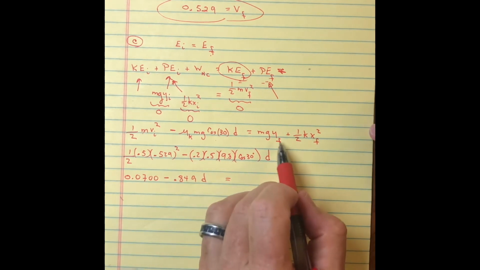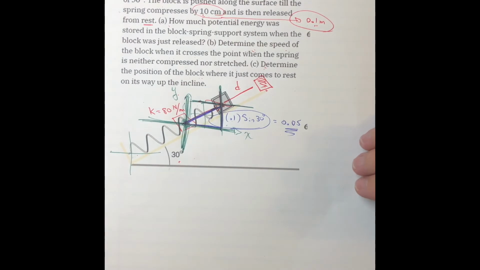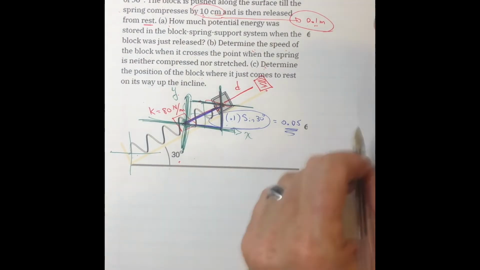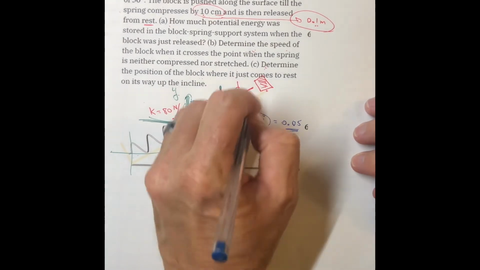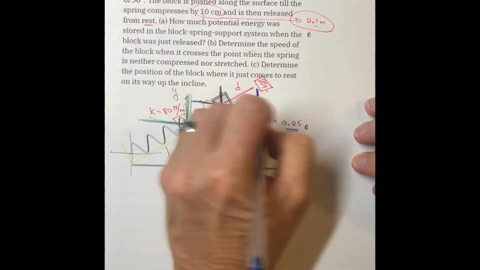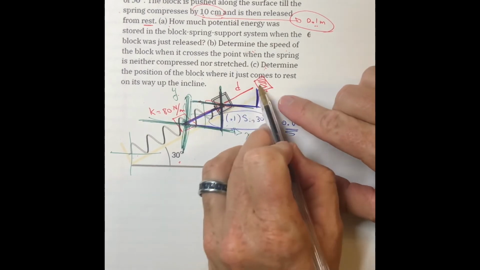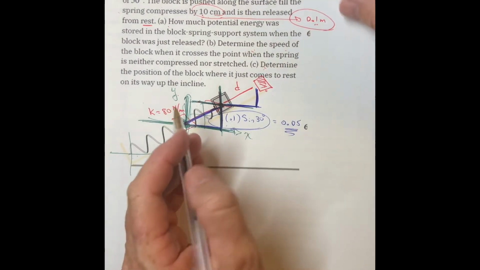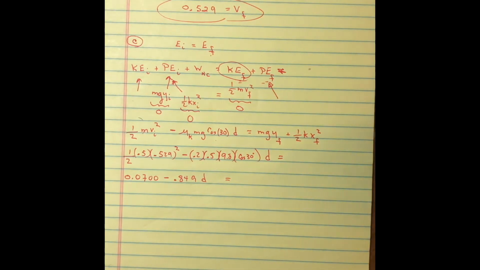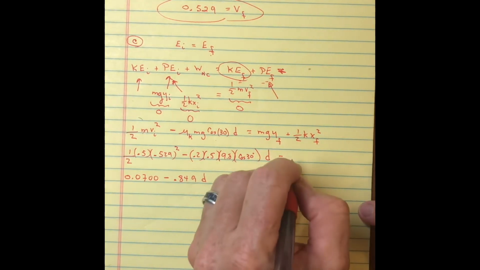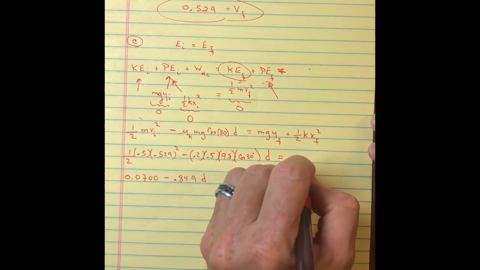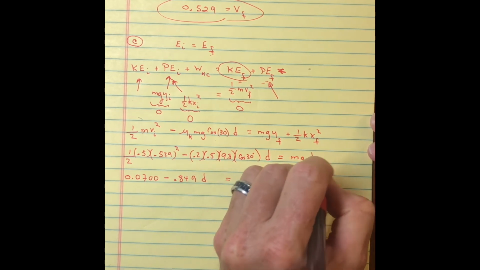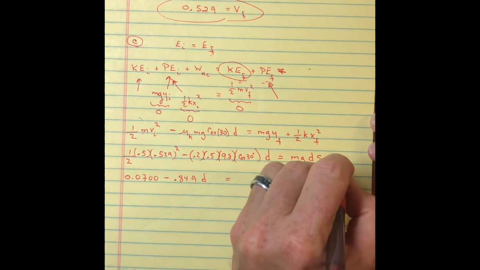Let's talk about both of these and come back to the picture. For the final height, I can do a lot like I did in B and see what the vertical height is. The vertical height would be the hypotenuse, which we don't know, it's d, times the sine of 30. So I could write this term as mg d sine 30 degrees.